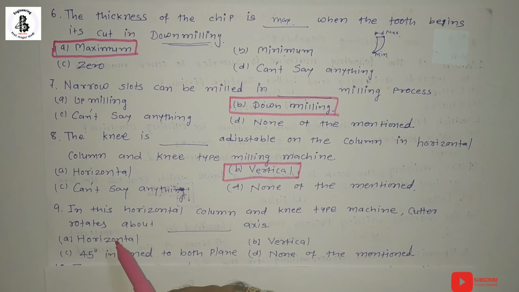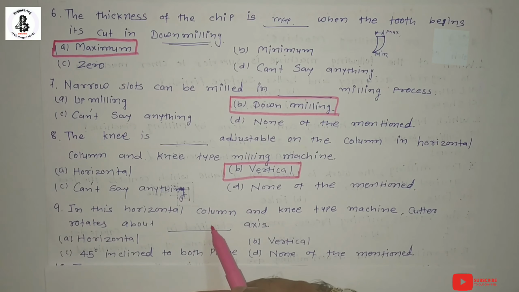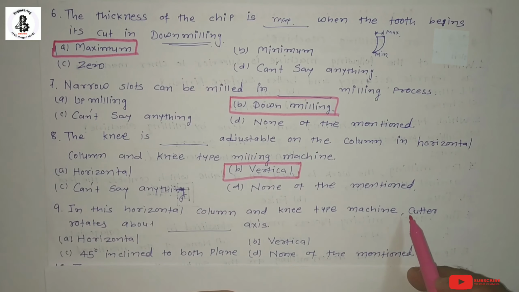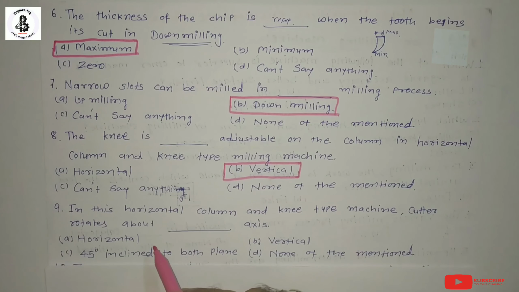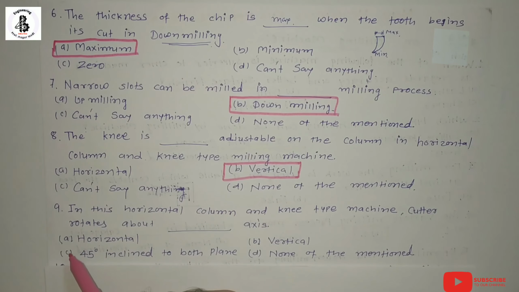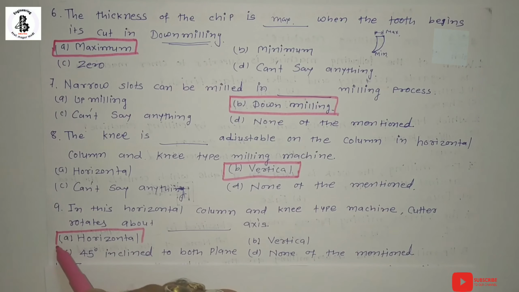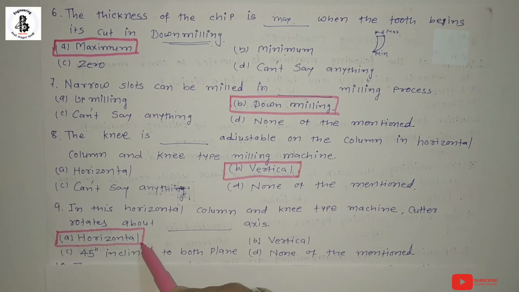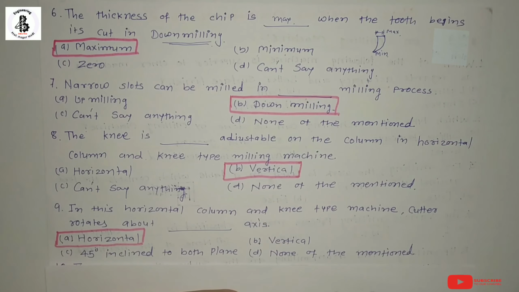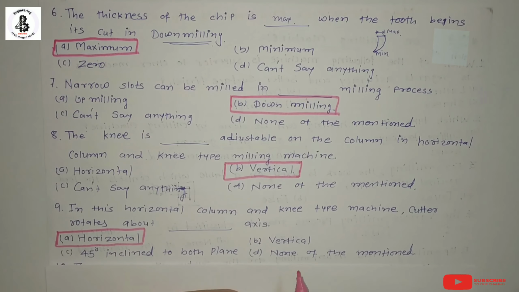In the horizontal column and knee type of machines, the cutter rotates about its horizontal axis. So the option A, horizontal axis. The work is fed against that rotating cutter, which is mounted onto the horizontal axis.